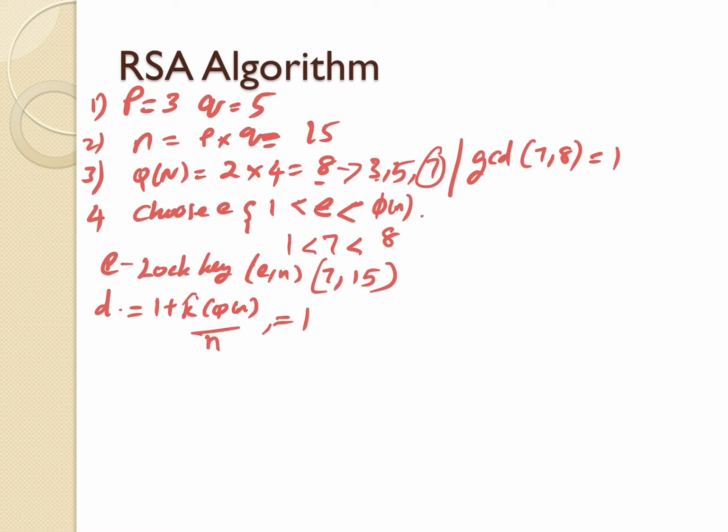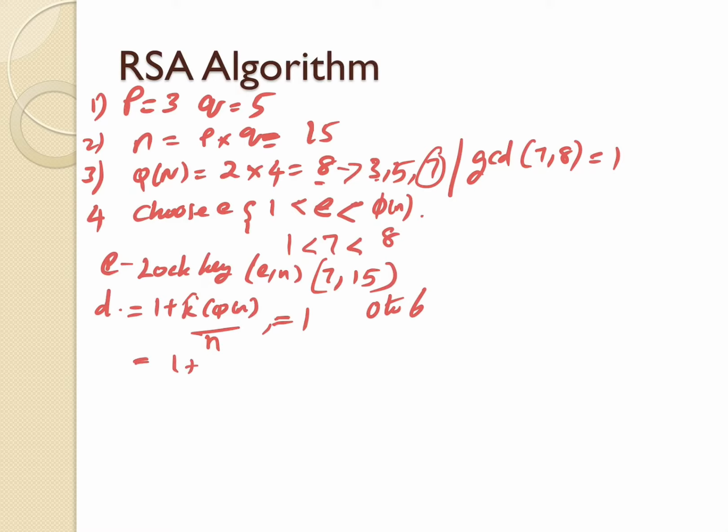The k should always be less than e. Since e is 7, we can iterate this formula from 0 to 6. The 6th value will satisfy the condition d is equal to 1. So that's why I'm choosing this 6th value.